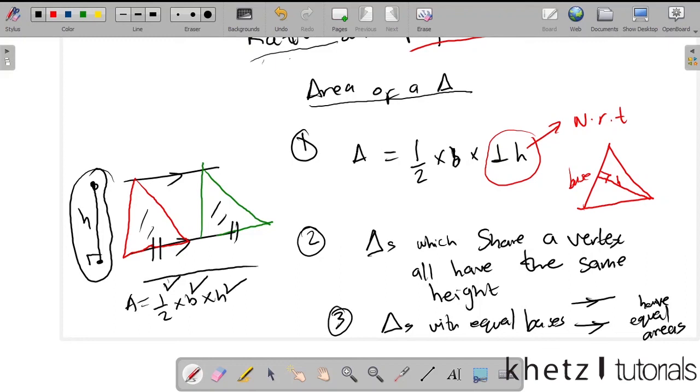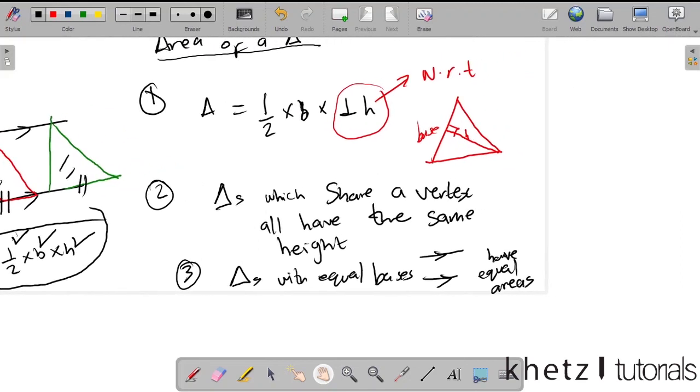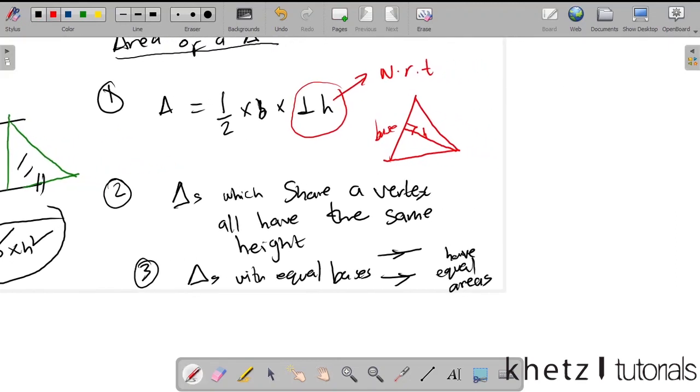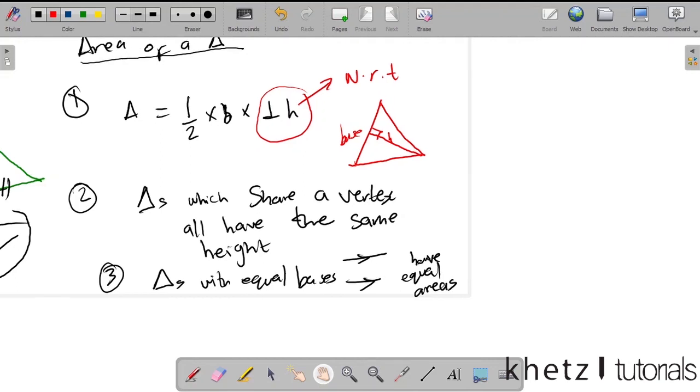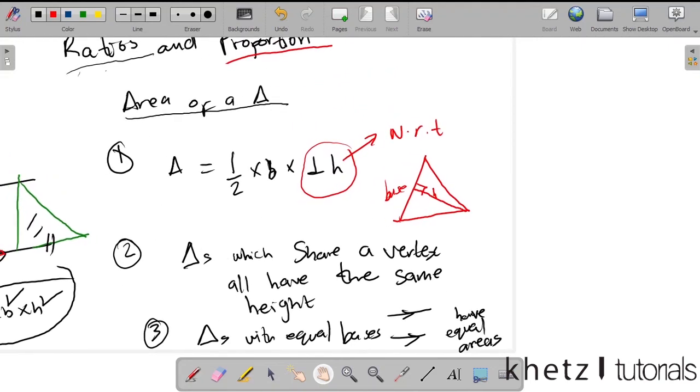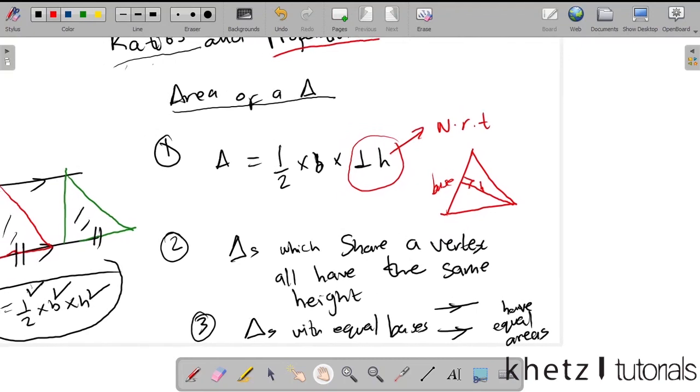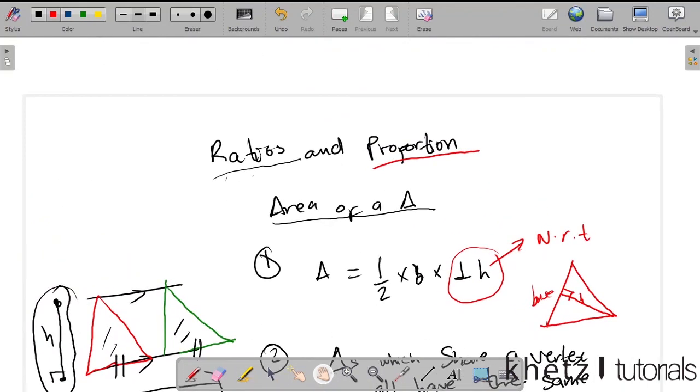Therefore, since all of the values you are going to substitute into the area formula are the same, we are going to have equal areas. And that explains our point, which says triangles with equal bases between parallel lines have equal areas.